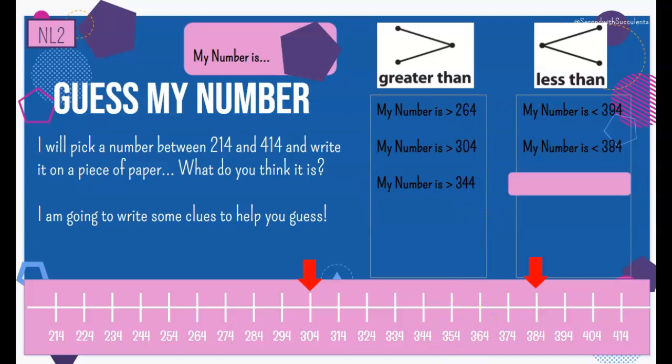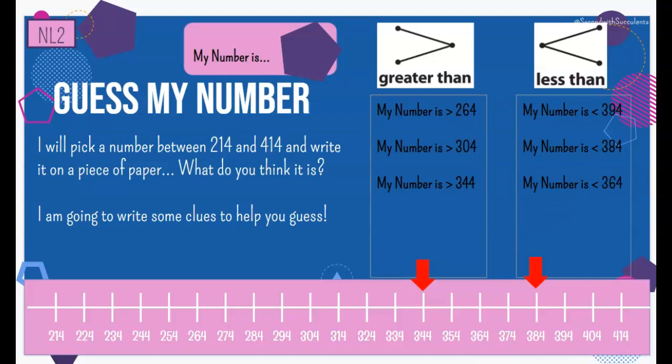My number is greater than 344. Let's move our arrow. Ooh, that's going to help us quite a bit. We only have a few numbers to guess from. Now you sure could make a guess. But because we're learning online, I'll give you a little more information so you can make a better guess. Here's your last clue.